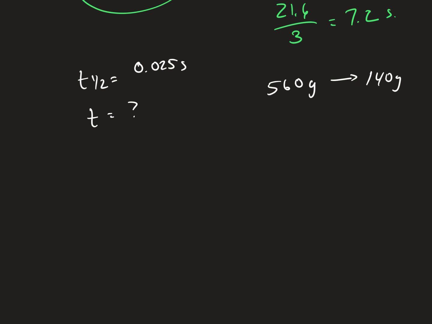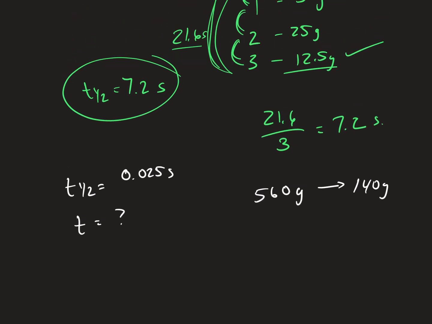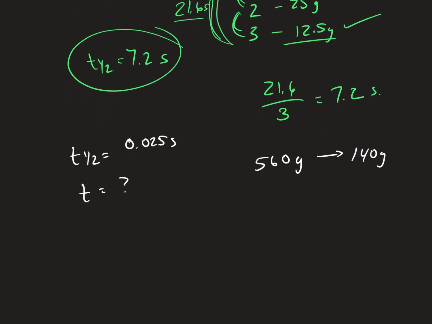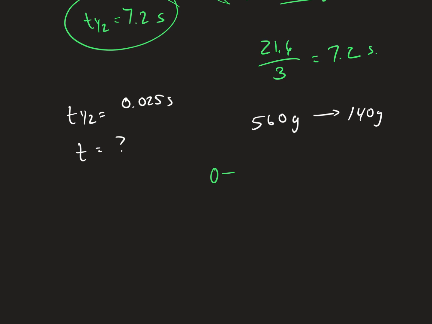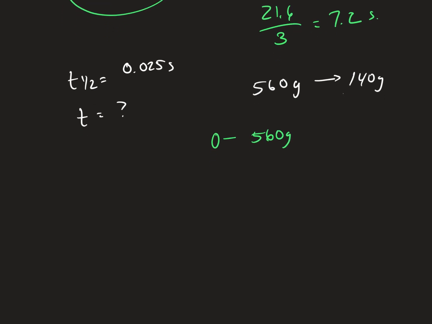All right. Are we going to set it up the same way, guys? What do I have in my original sample at time 0? 560, right? And we're going to do what until we get to 140? Cut it in half, right? So 560 divided by 2 is? 280. Divided by 2 is 140, right? Okay, so 2 half-lives.